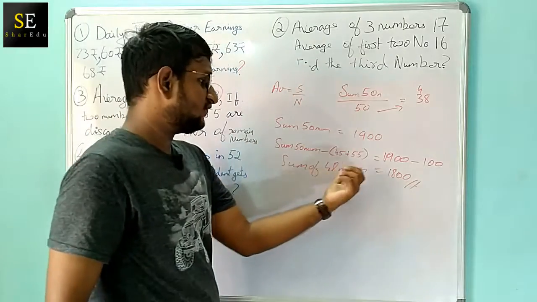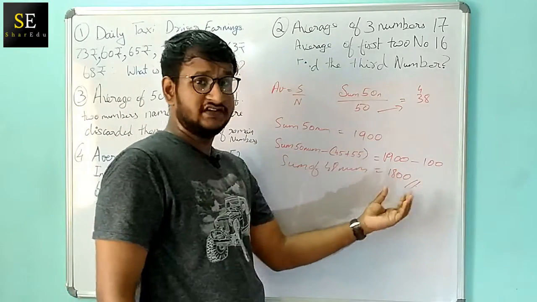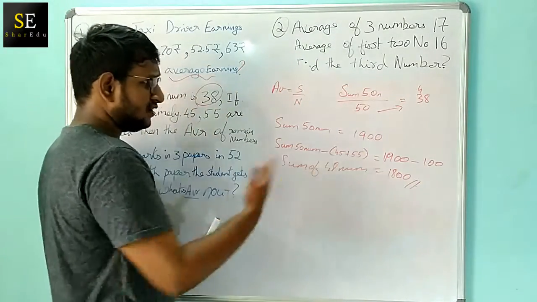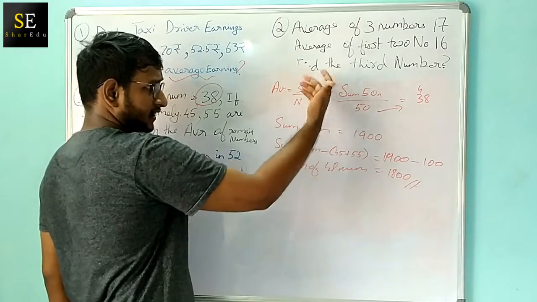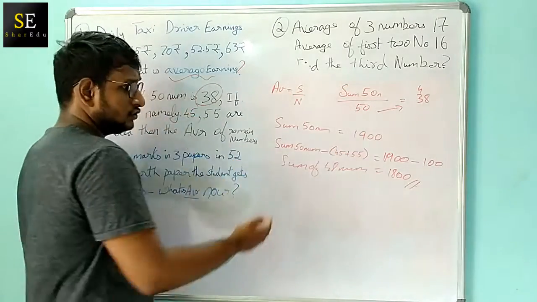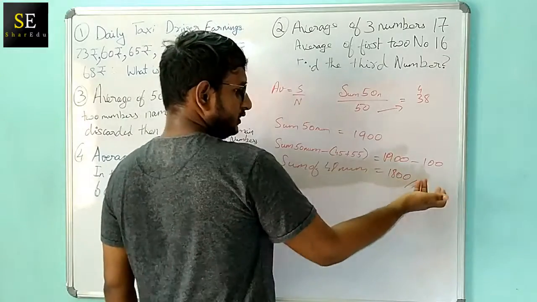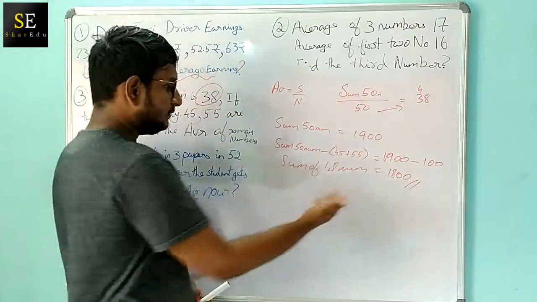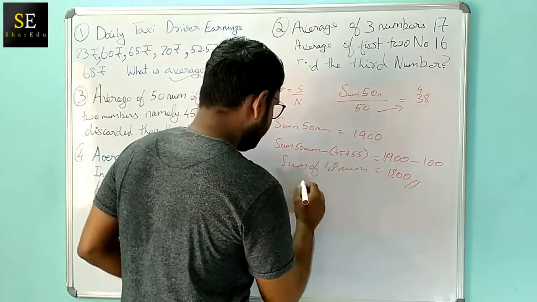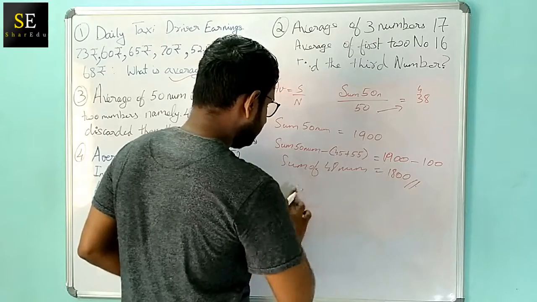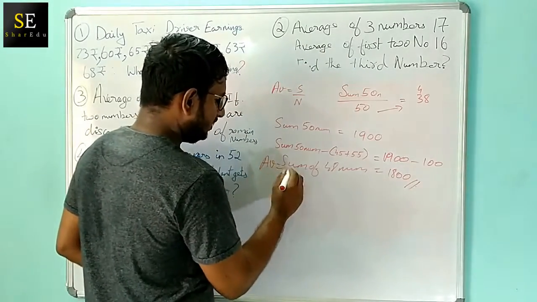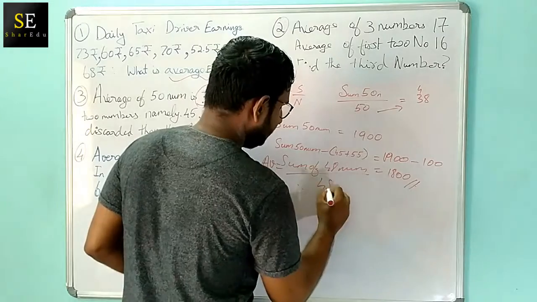So the remaining numbers are 48. We are going to find the average of this. In order to find the average, what is the average formula? Simple, sum of the numbers by number of numbers. So the sum of the 48 numbers is 1800, and now we are going to divide it by 48.